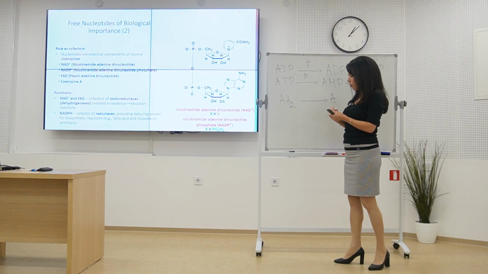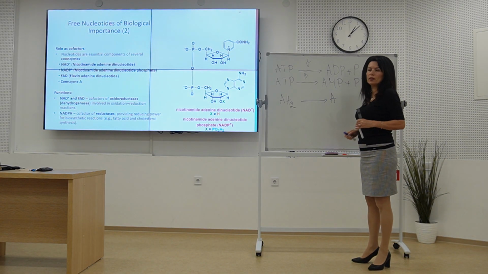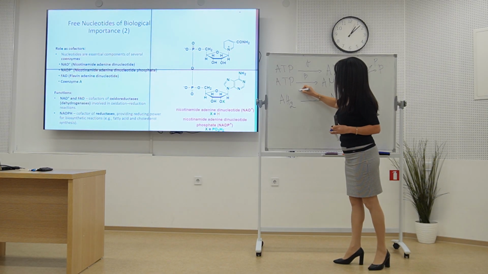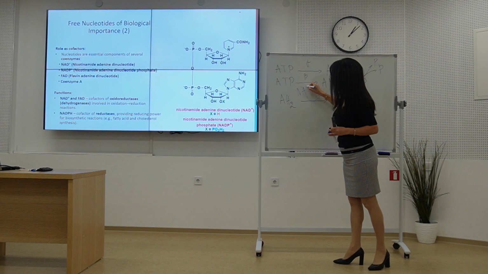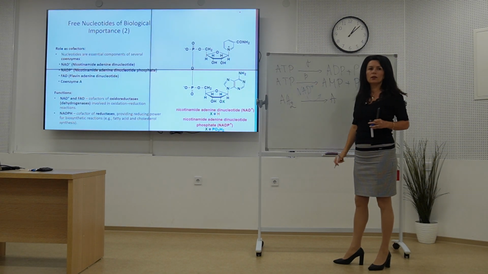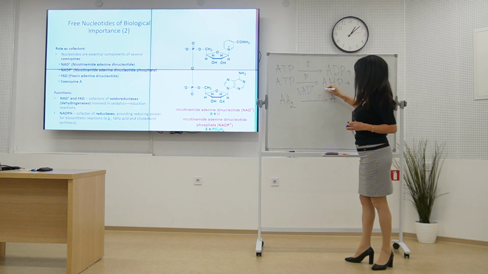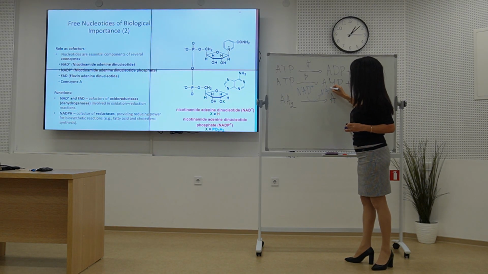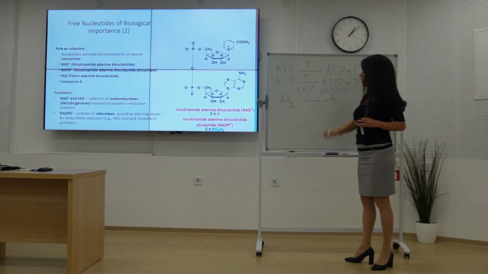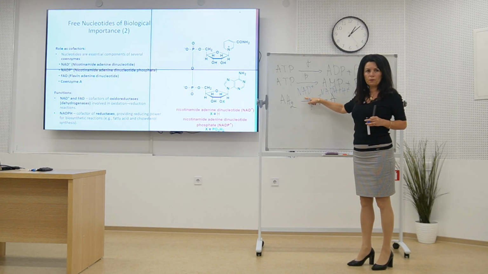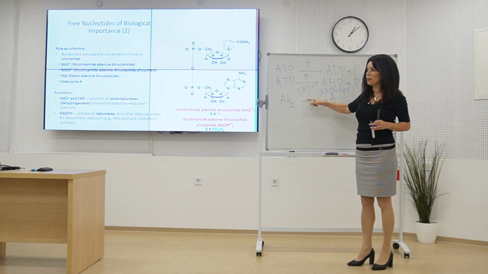But the compound that accepts these hydrogen atoms can be NAD plus. This compound accepts the two hydrogen atoms and is converted to NADH plus H plus. These are now these two hydrogen atoms. This is the action of NAD. In other words, NAD is a cofactor of dehydrogenases.